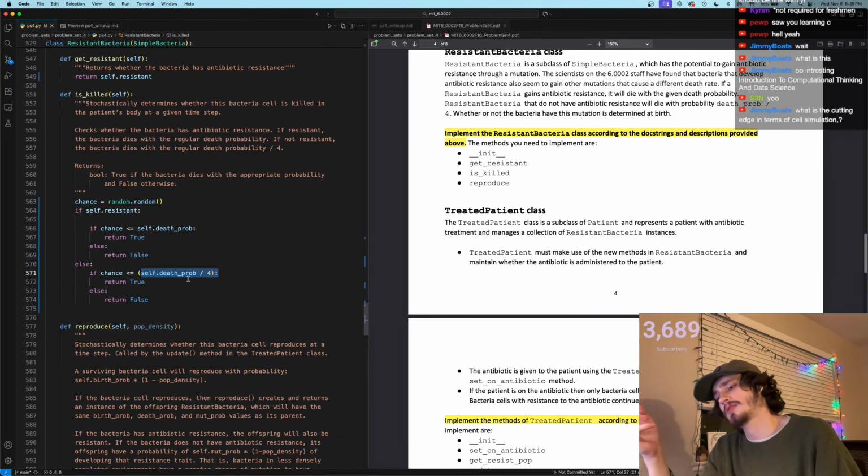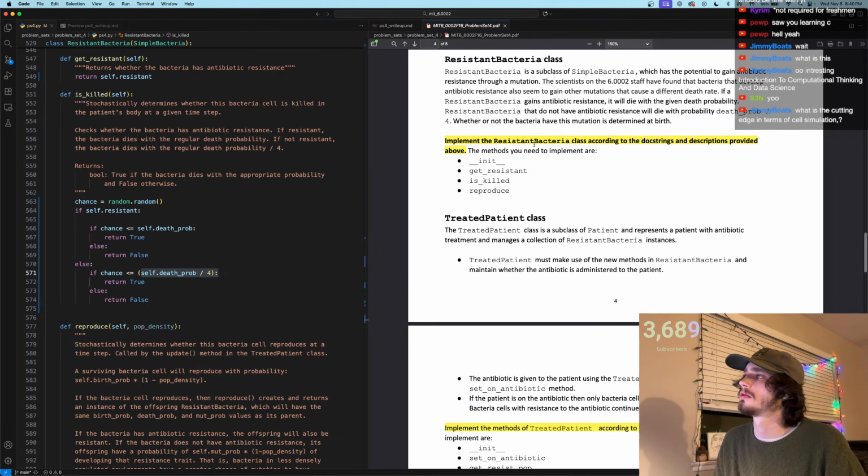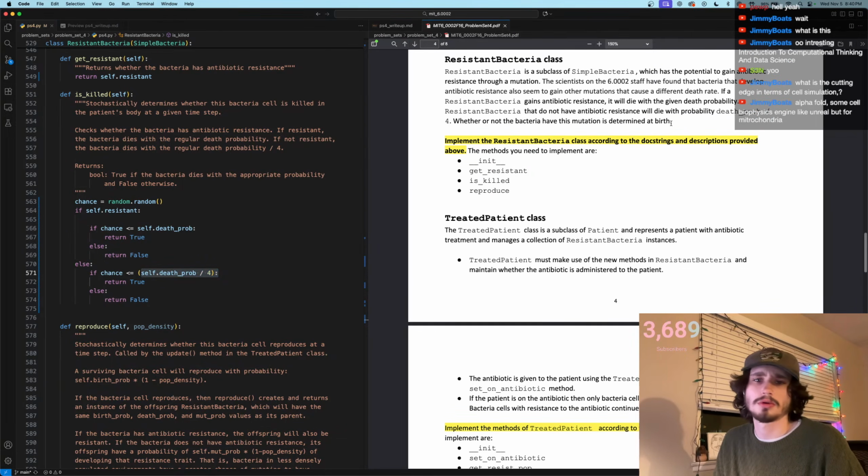If we take our death probability of, let's say, 20% and divide it by 4, our death probability only becomes like 5%. Right?